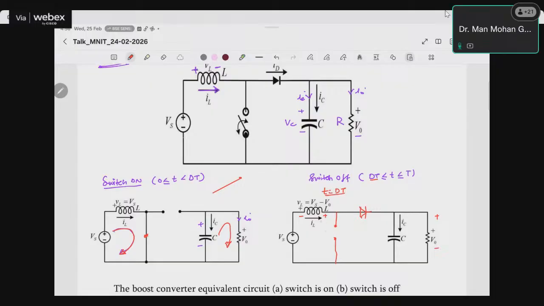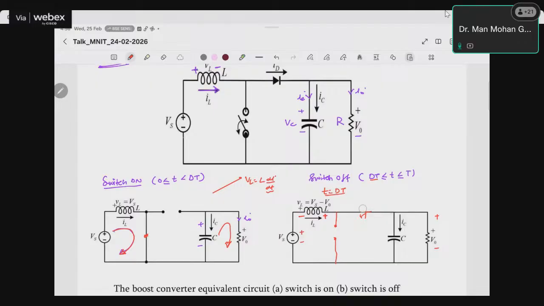Due to this interruption, the current starts to decrease, and when the current decreases, in L di by dt, the change in time is positive but the change in current is negative. So overall this voltage is negative. So this polarity becomes minus plus. So Vs plus this voltage becomes greater than V naught, due to which this diode becomes forward biased and the inductor current flows through this path.